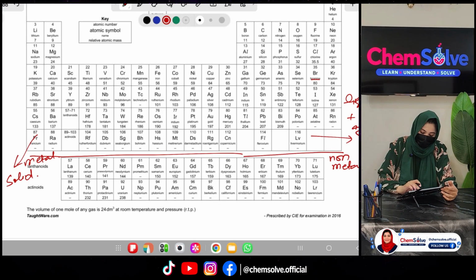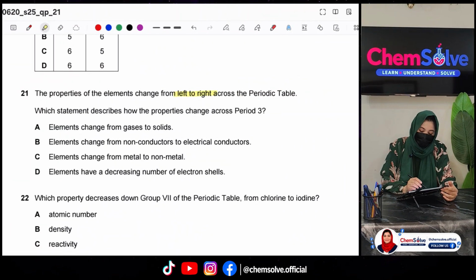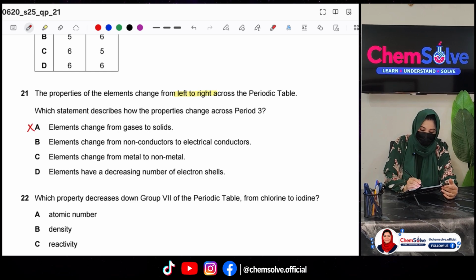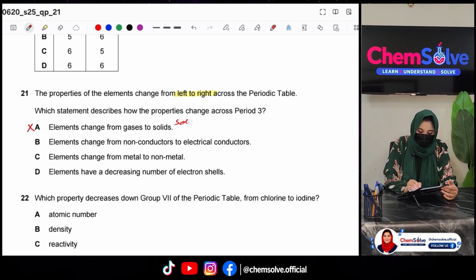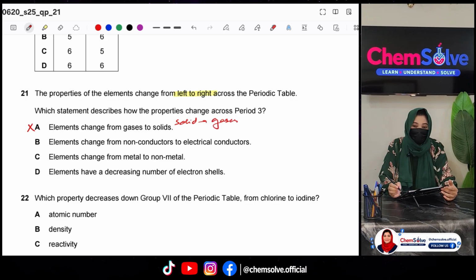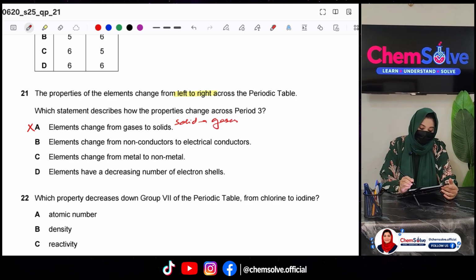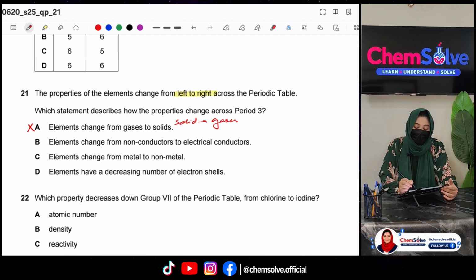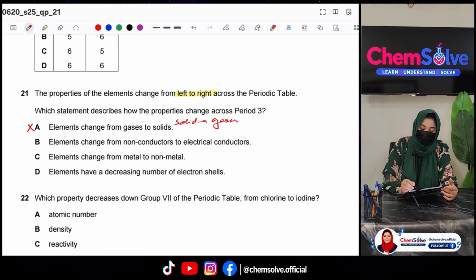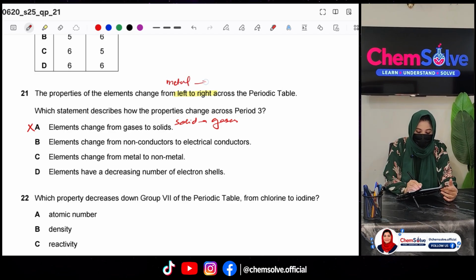So now look at the property. Element changes from gases to solid. Of course not. They change from solid to gases. Next, element changes from non-conductor to electrical conductor. We discussed that moving from left to right, it changes from metal to non-metals.